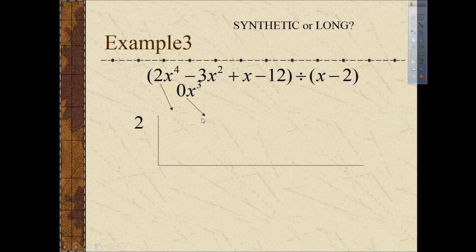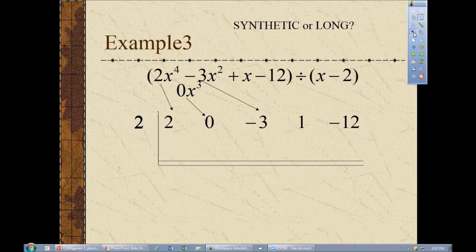So we're going to need a 0 placeholder right here for x cubed. After that 0 placeholder, then we can put the coefficient for x squared as a -3 and the coefficient of 1 for x and the constant -12. So we've got our placeholder and we're ready to proceed.